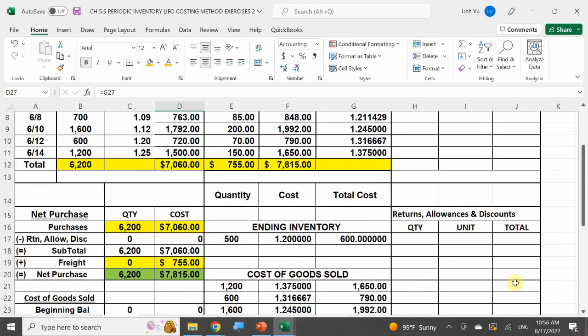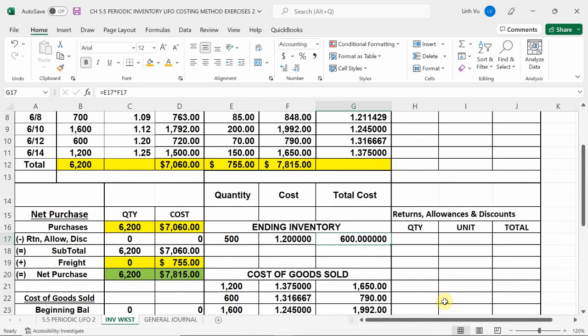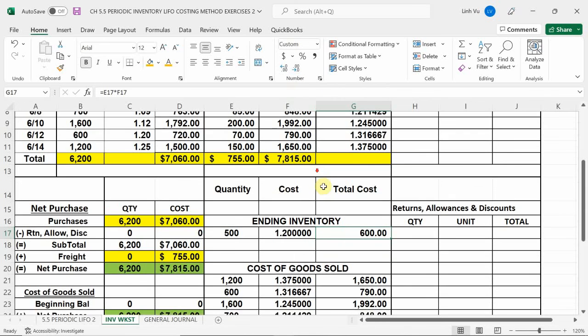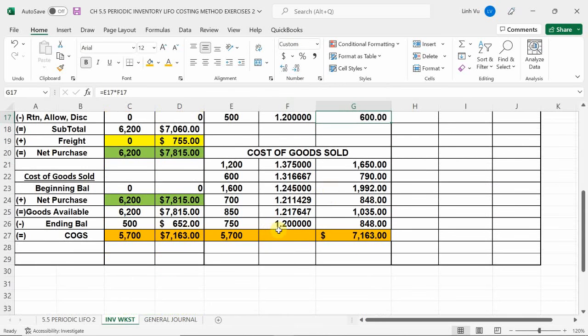652. What did I do here? Let's do some calculations again.